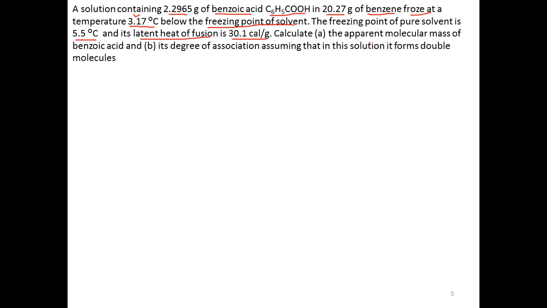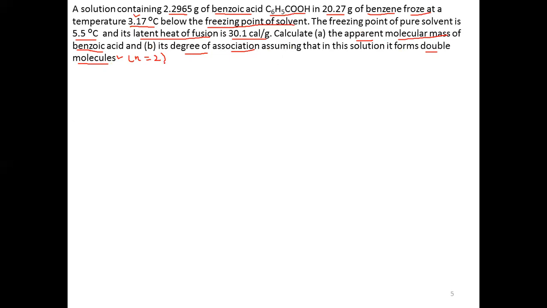We have to calculate the apparent molecular mass of benzoic acid, meaning abnormal. Apparent means calculated without introducing the factor iota, and its degree of association, assuming that in this solution it forms double molecules. That means it forms dimers. That means n is 2.